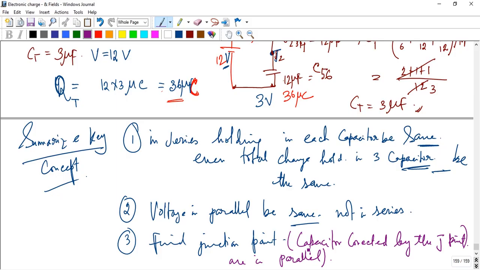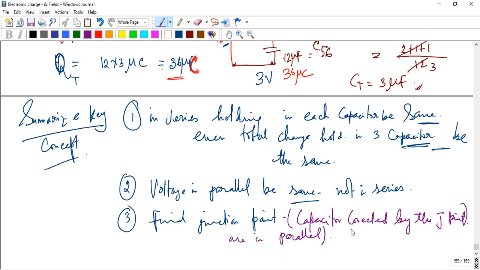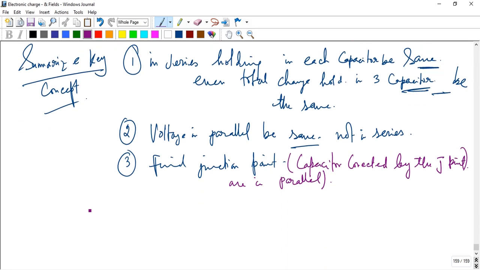I know what a junction point is: a junction point means there are three paths, or more than two paths actually. Suppose it is 1, 2, 3, 4, then this point is a junction point. But this other point is not a junction point.